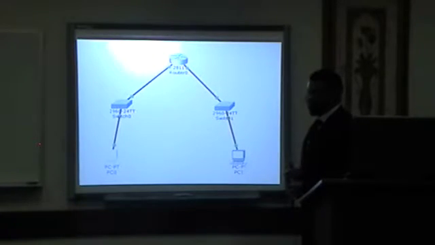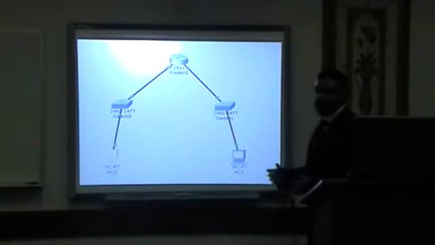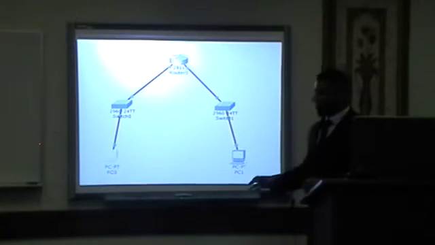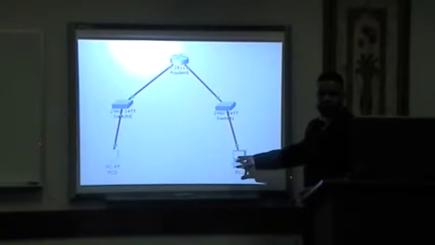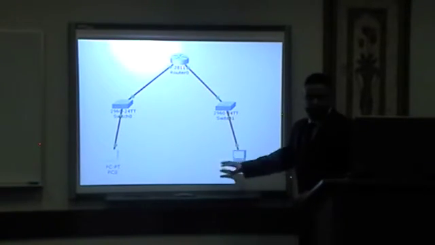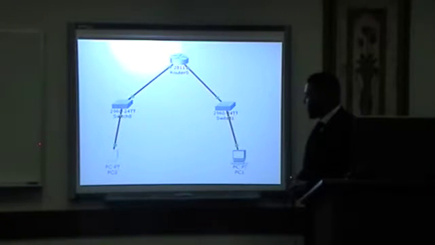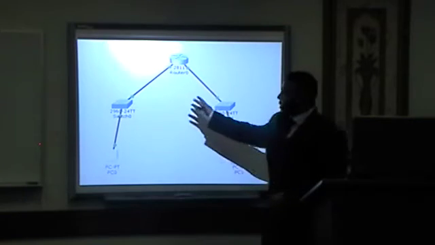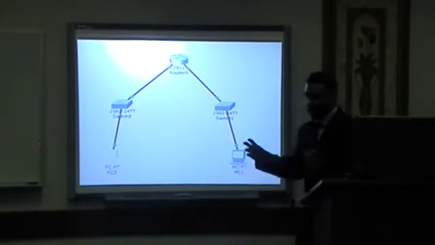In terms of security, let's say that we are being attacked by someone out there, and the attacker successfully compromises this computer. The other 29 computers, let's say that we have 30 here, are going to be at risk as well, while the other network is going to be safe.